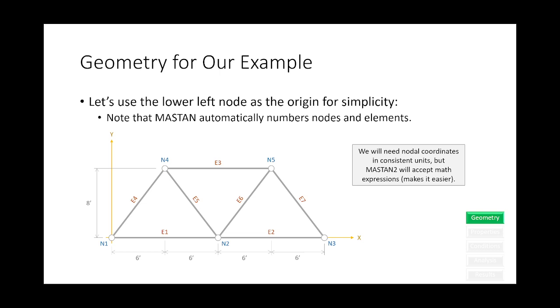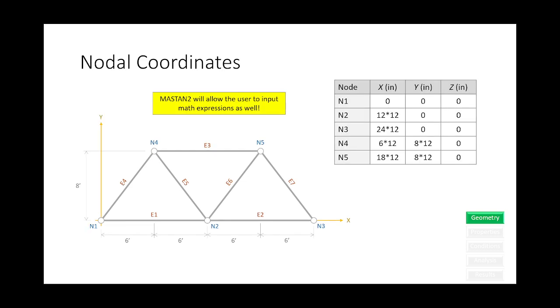We also need to adopt consistent units, but there actually is a benefit in the fact that this is MATLAB based: when we input the coordinates, for N2 we could say 144, or we can literally just enter 12 times 12, and it will do it, okay?